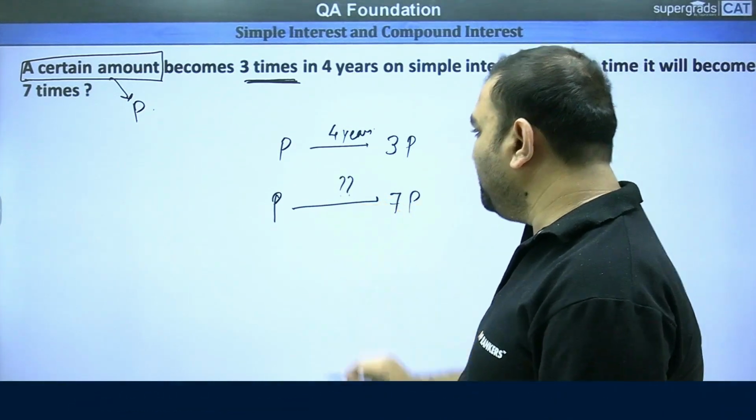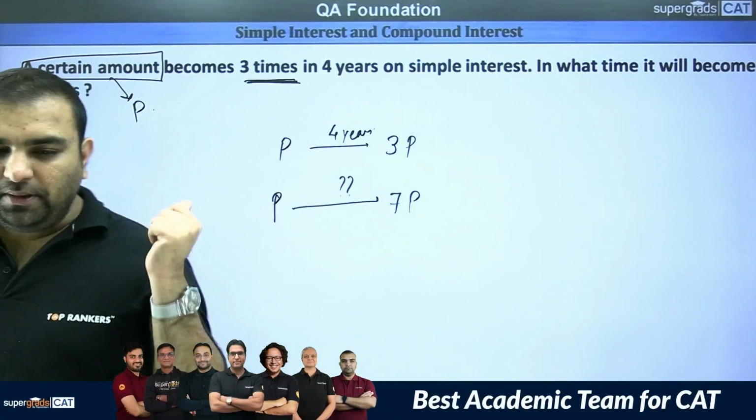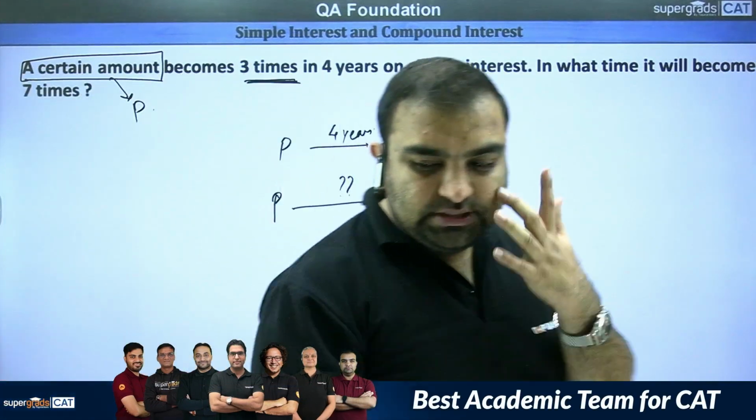P principal becomes 3P in 4 years. In how much time will it become 7P?